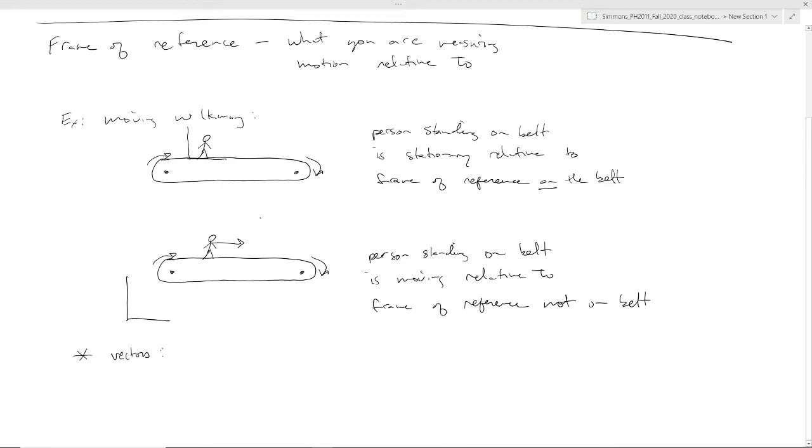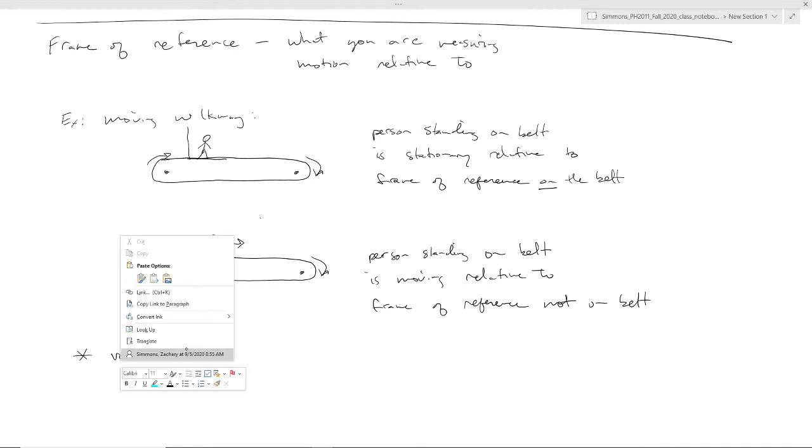Just as an aside, vectors are something that you're going to be responsible for and become really good with in the course of PH2011. We'll have some review material on vectors specifically because it's such an important concept.